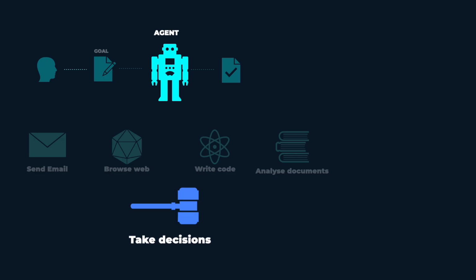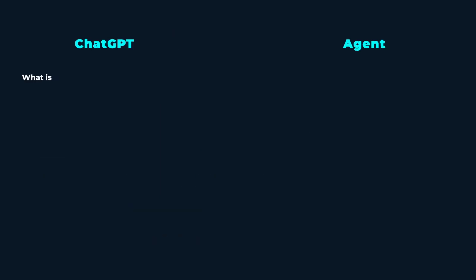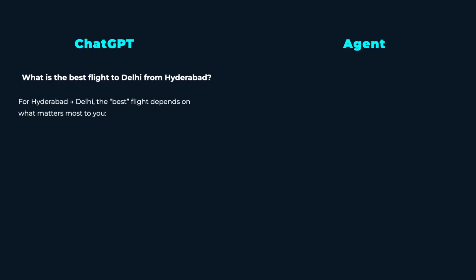So there is a difference between ChatGPT and an agent. When you ask ChatGPT what is the best flight from Hyderabad to Delhi, ChatGPT will give you paragraph answers.